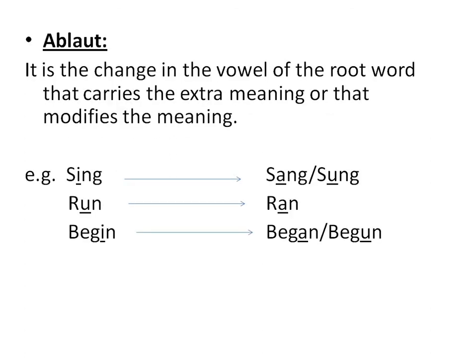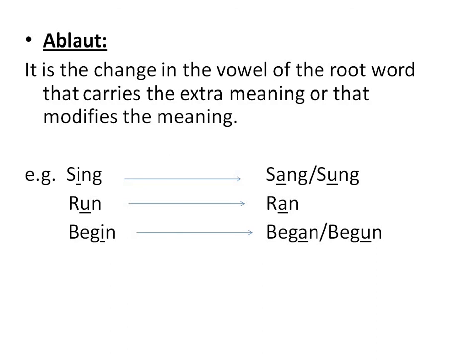So now the ablaut. What is it? It is the change in the vowel of the root word that carries the extra meaning or that modifies the meaning. It is basically the process in which we do not add something at the beginning, in the middle, or at the end, but we change the vowel of the root word to change the meaning.